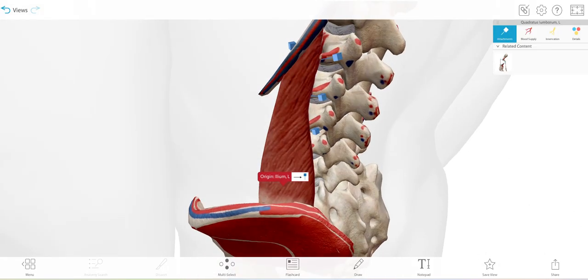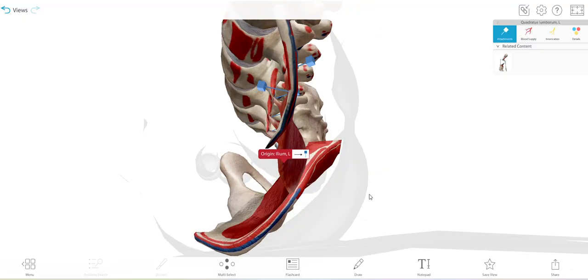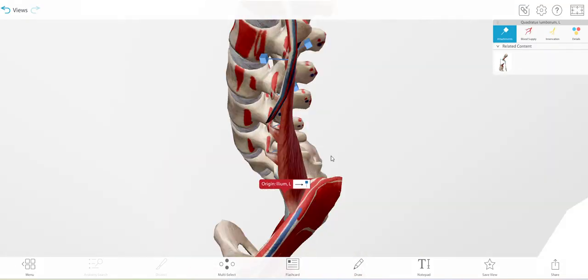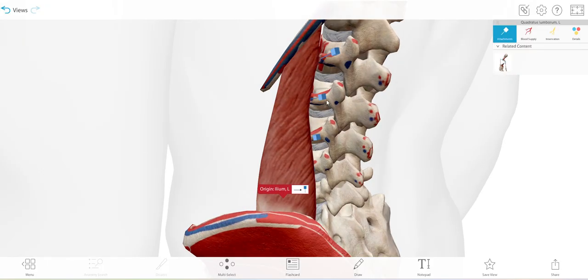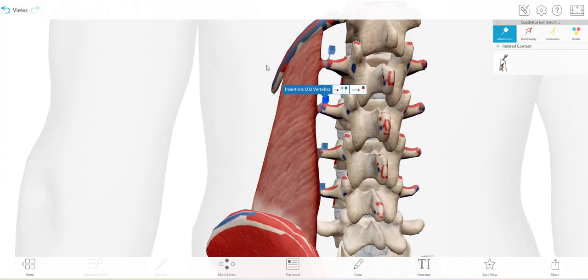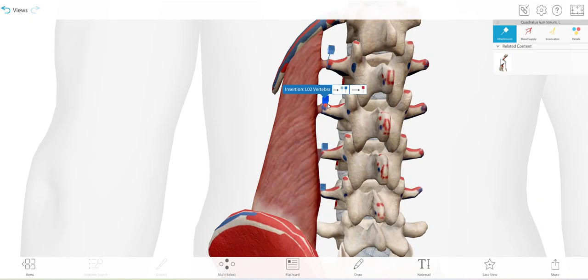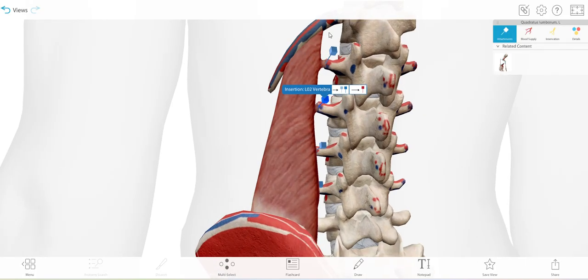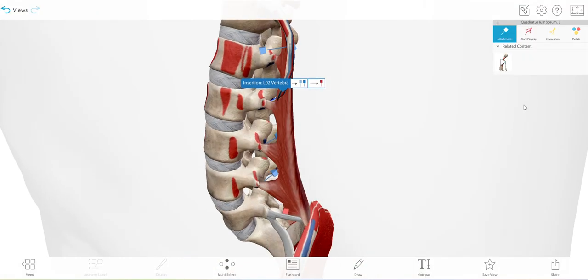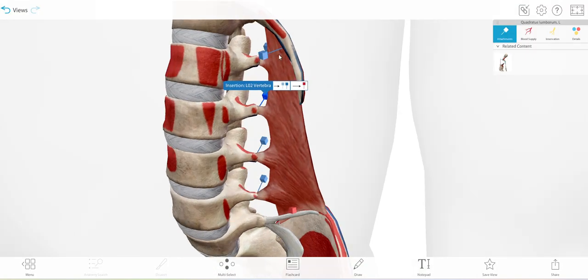You can see it there. Okay. And then insertions, it will be attaching to some of our transverse processes of the lumbar vertebrae here, and then it's also going to be attaching to our 12th rib for the insertion right here.